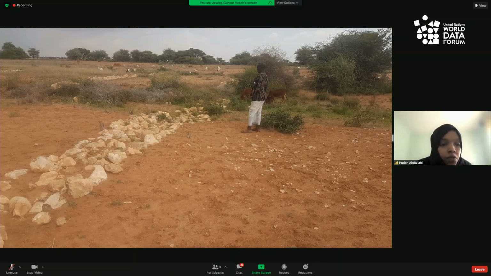So for the first example, you can see in this picture there are these stones. These are actually one of the methods and practices that we found interesting in one of the PD villages. This is a horizontal line called the loose stone method.